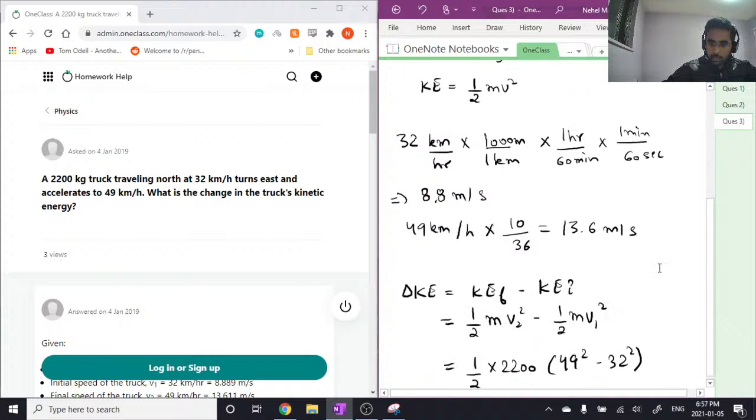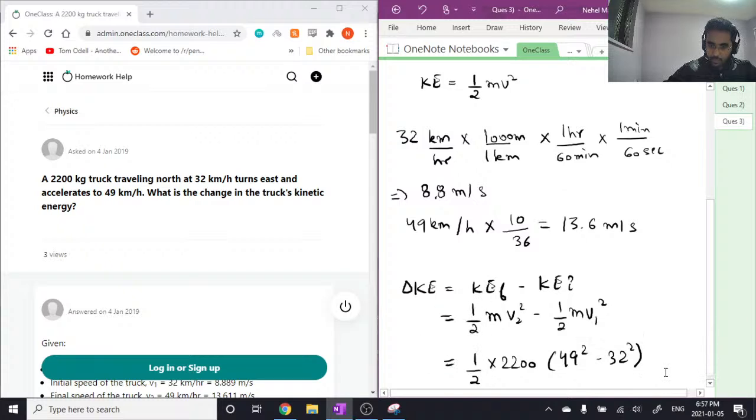Okay, so now we can go back, and our steps were fine. We still need to calculate the change in kinetic energy. However, the units were not right. So V2 would be 13.6 squared minus 8.8 squared, times 2200 divided by 2.